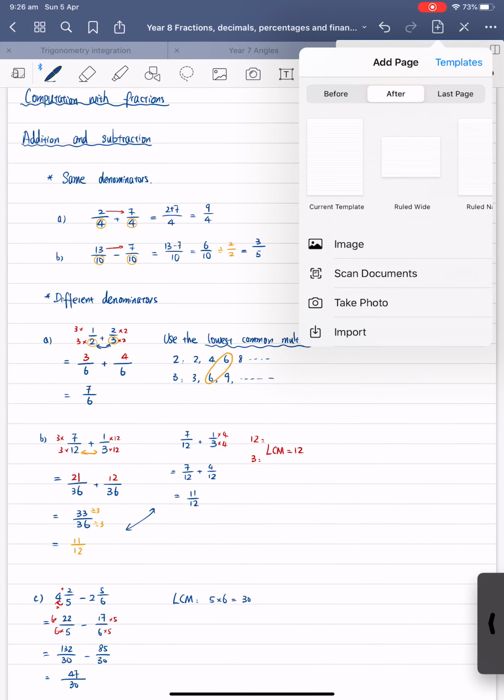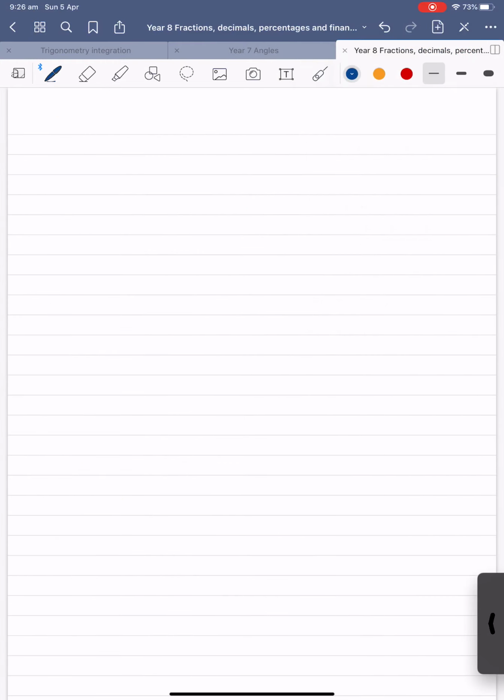I'd like to show you how to do multiplication and division. How do we do multiplication and division between fractions?